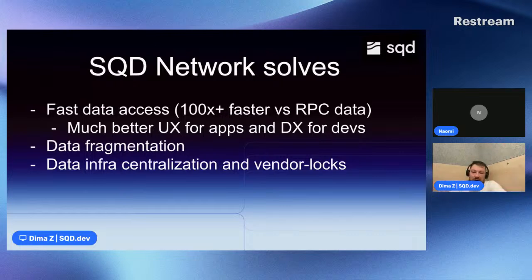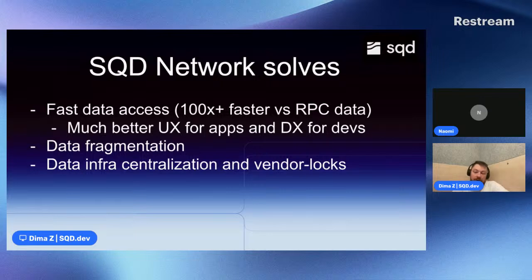And one of the key problems is to put the user activity into a single place. And SQD Network actually solves this very elegantly, simply because we already have this data in a single place. And as a developer, it is trivial to fetch this data and aggregate it. And so your application is network agnostic and omni-chain by design.